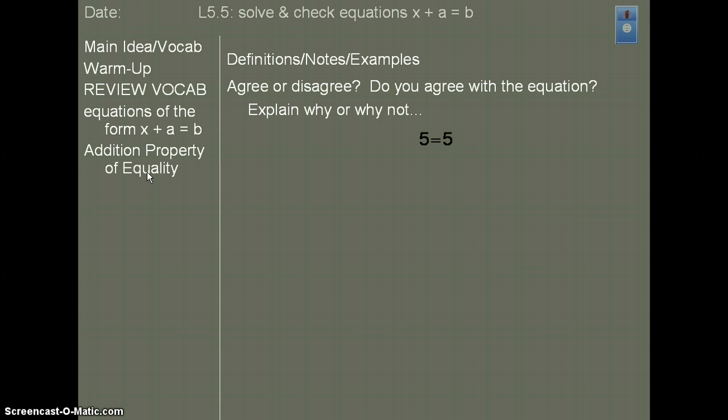So 5 is equal to 5. Agree or disagree? Explain. 2.1 plus 2.9 is equal to 5. Agree or disagree? And explain.